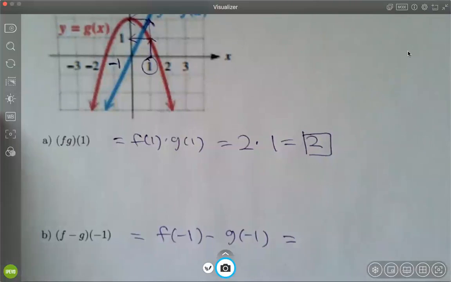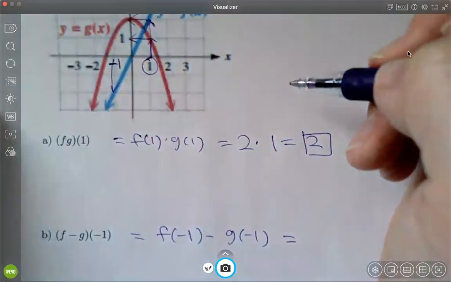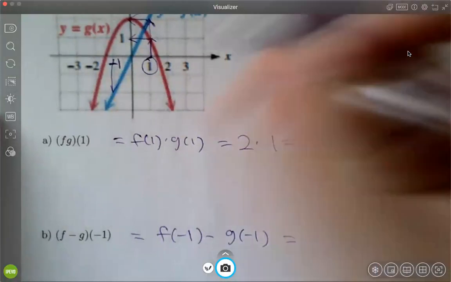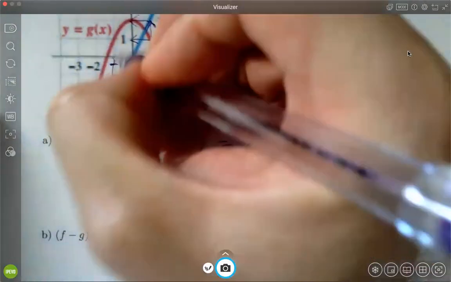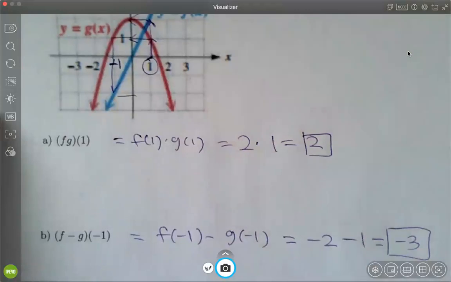Is that a tricky question? What do you have to do? Go until negative 1 hits f of x, right? So it's negative 2 minus 1. So it's negative 2, and then g of negative 1 is 1, right? So it's negative 3. Okay, so as long as you look at the graph, it's fairly straightforward. There's no tricky thing here.